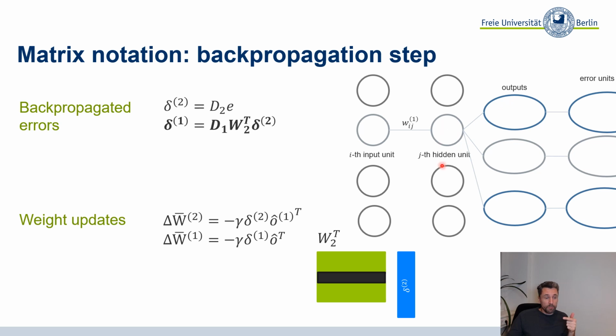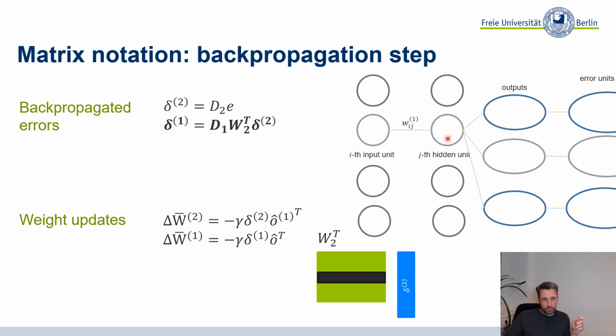But now transposing W, the jth row would correspond to the jth hidden unit. So in this row vector, there are all the weights flowing into the jth hidden unit, back into this hidden unit.